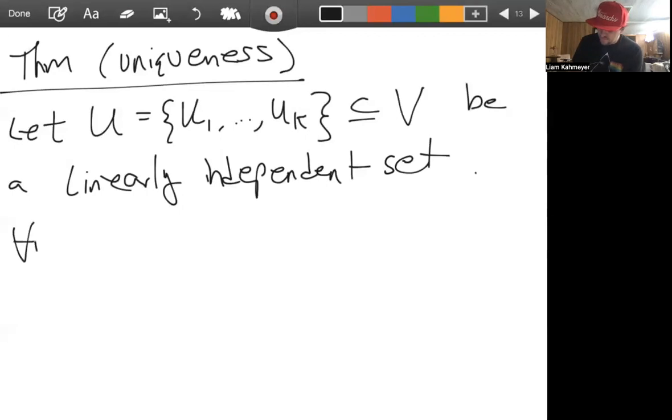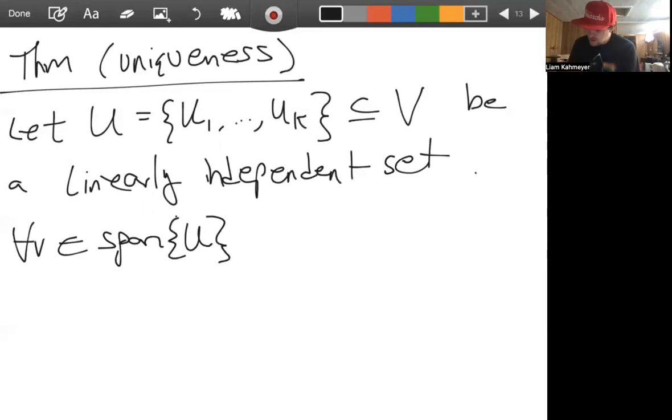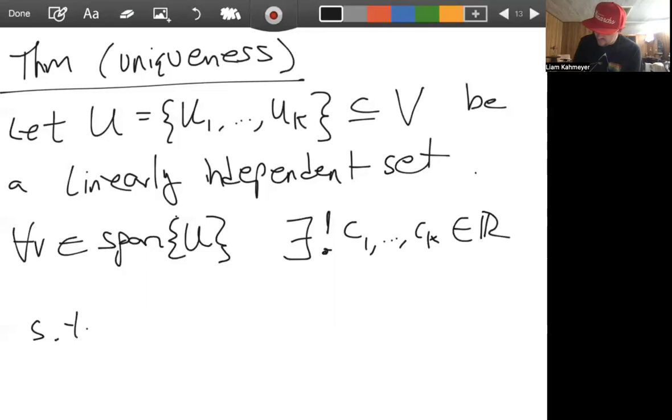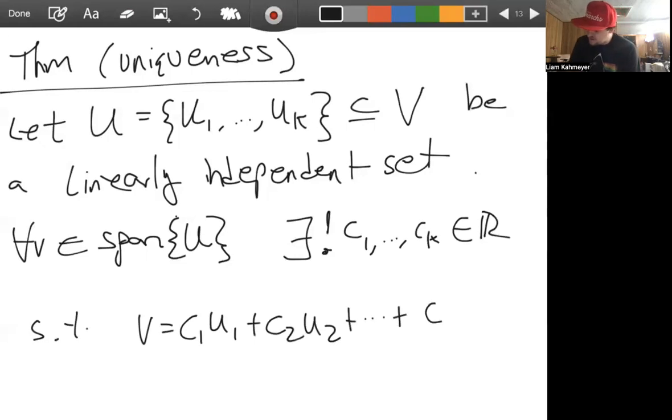For every vector V in the span of U, there exist unique constants C1 through CK in R such that V is equal to C1 U1 plus C2 U2 plus and so on, plus CK UK.